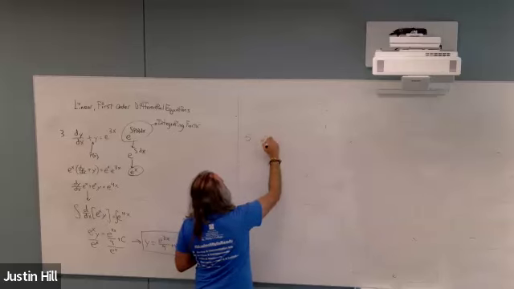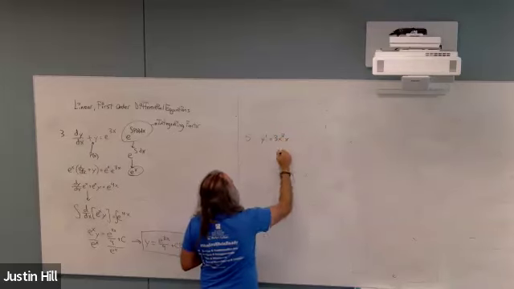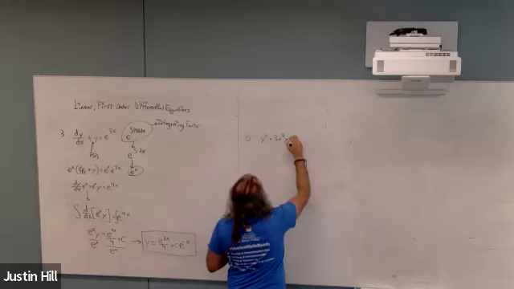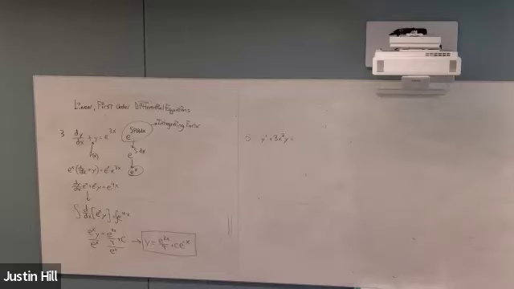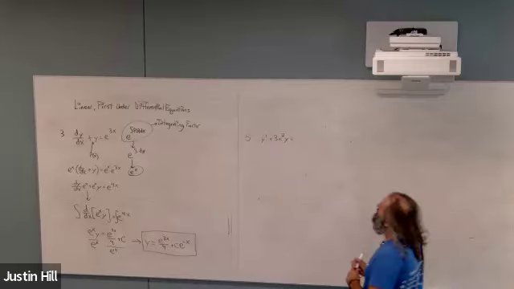Here, what they have written is y prime plus 3x squared y equals x squared.